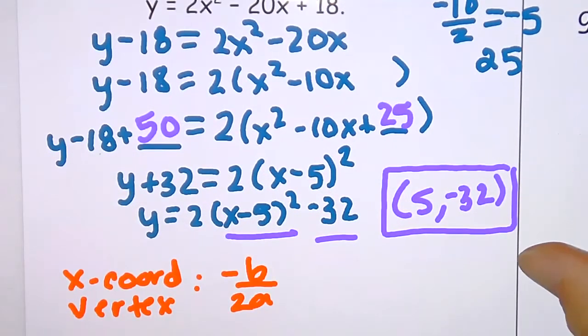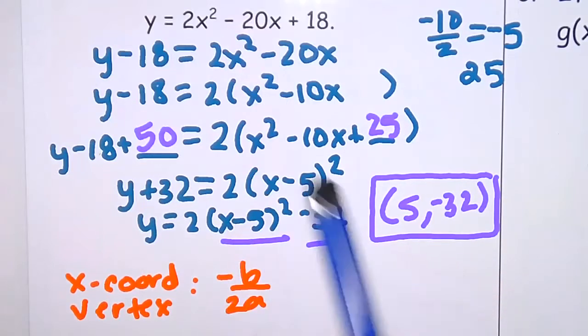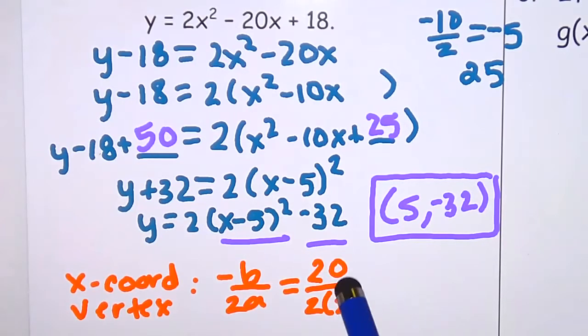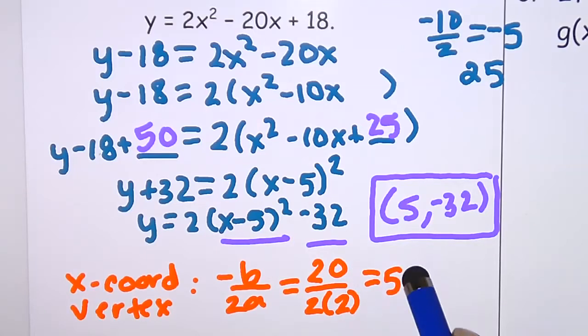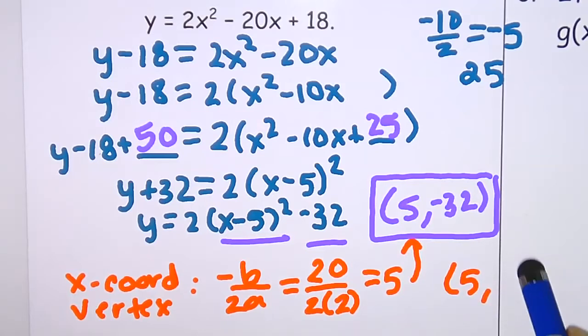So if I go back to this problem and I look at my b, it is negative 20. So negative b means make that b opposite. So that means it's now going to be a positive 20 over 2 times my a, and my a is 2. So I get 20 over 4, which is 5. Notice I got the same number I got right there. So right now I know it's going to be 5 comma something.